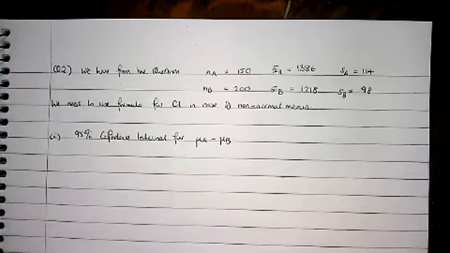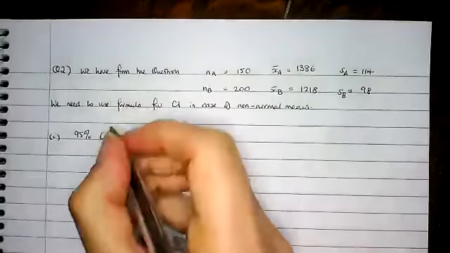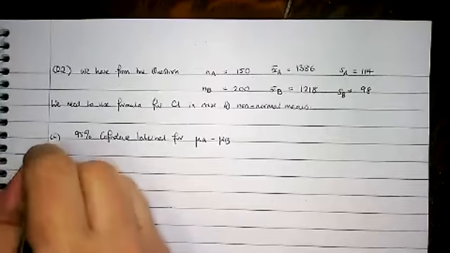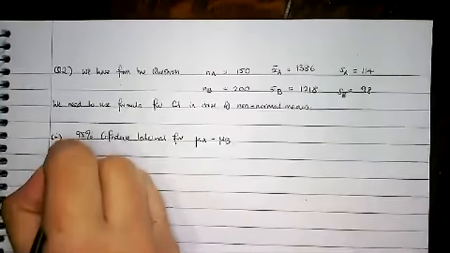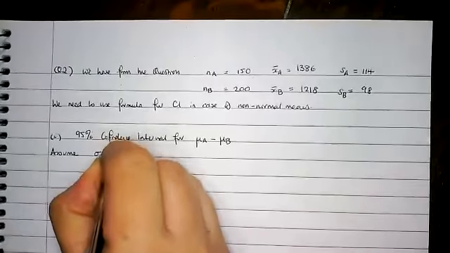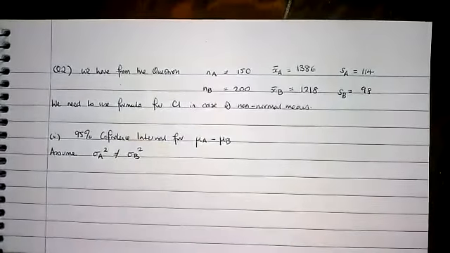We've only got a sample that we're observing in each case. And we want to have a confidence interval for what that difference could possibly be. And in the first part, we were asked to assume that sigma squared A is not equal to sigma squared B.